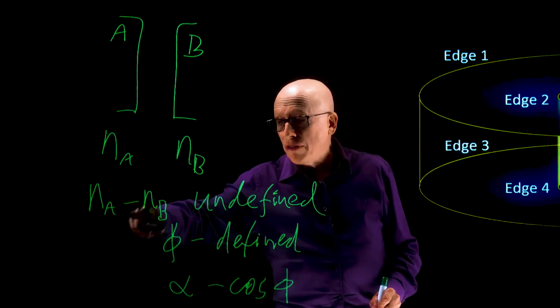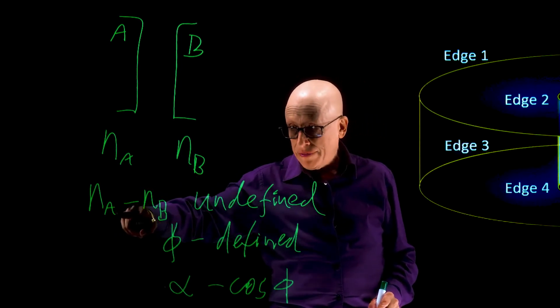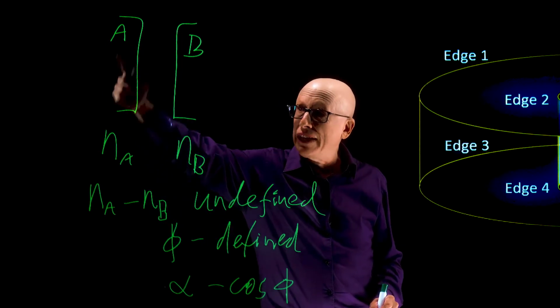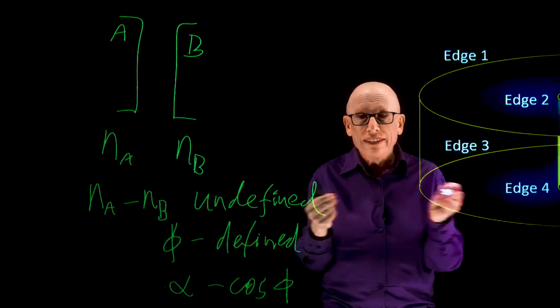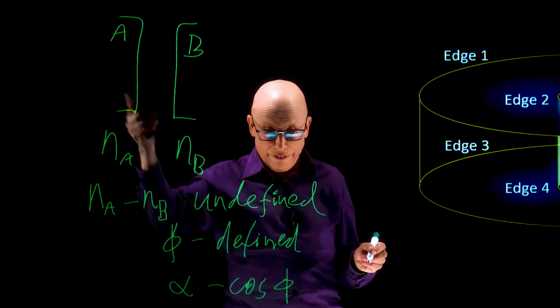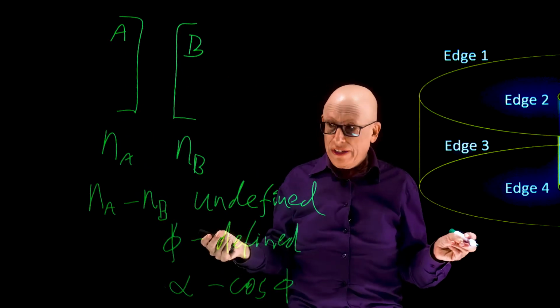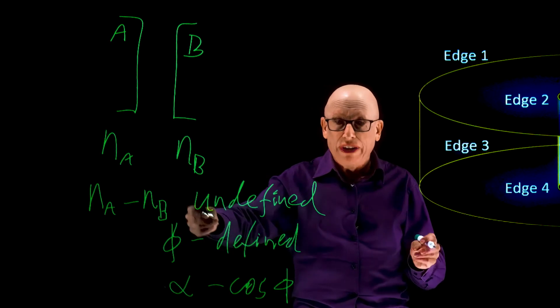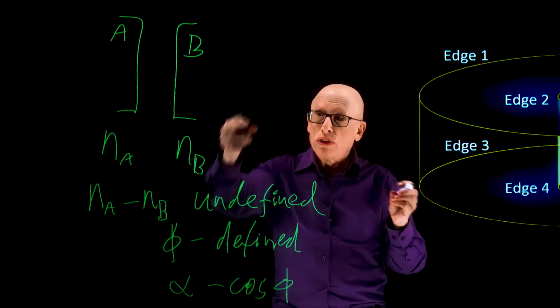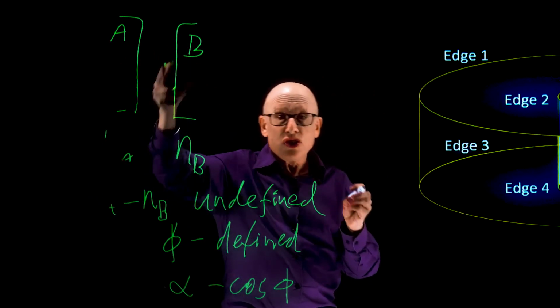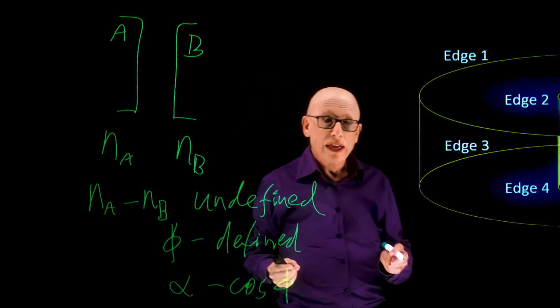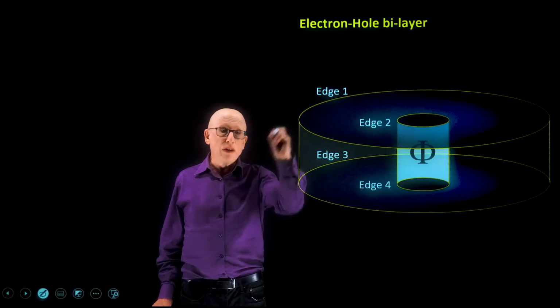Now, as to the sum of the two numbers, the number of Cooper pairs here plus here, that one doesn't change when you tunnel one from here to here. And in fact, it is well defined. So Na plus Nb is well defined, and it's minimized by whatever constraints are imposed by charge neutrality of the junction.